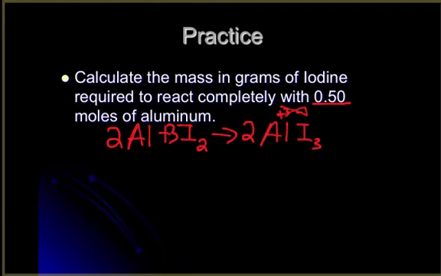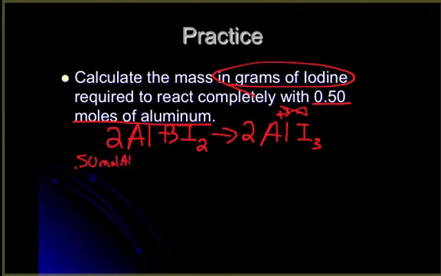0.50 moles of aluminum is my given, and the question is asking for grams of iodine. We start with 0.50 moles of aluminum. Again, keeping in mind, whatever's on top of the first step has to go on bottom of the next step.